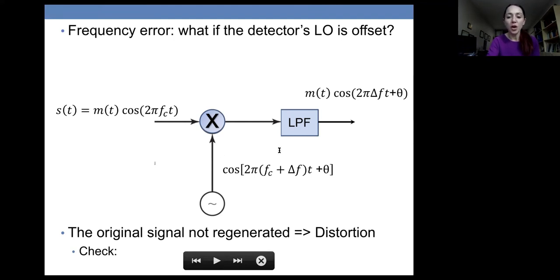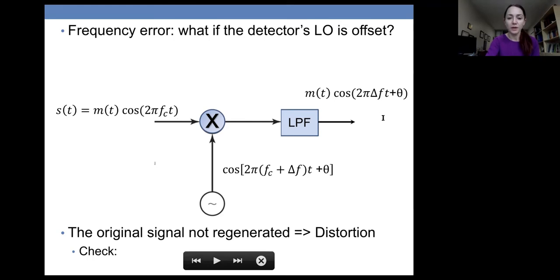Now we saw that the frequency offset causes a modulation in the output, and that is detrimental in the case of voice, for example. The phase offset, we said, is less important, especially in terms of average human hearing. The phase offset is unimportant.